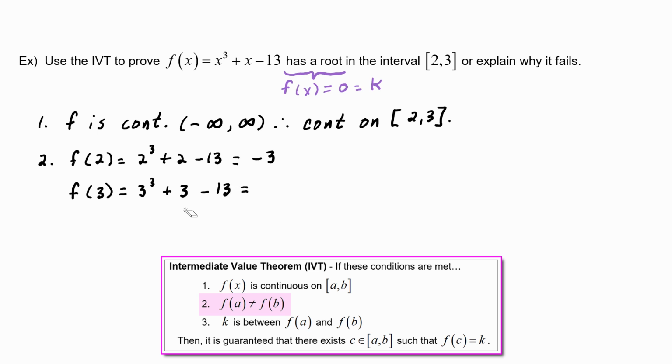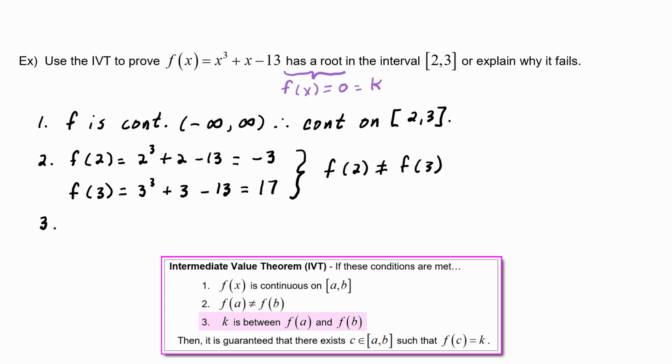So we have 27 plus 3 is 30. 30 minus 13 is 17. So here we've shown that f of 2 does not equal f of 3. So now we have satisfied step 2 of the intermediate value theorem.